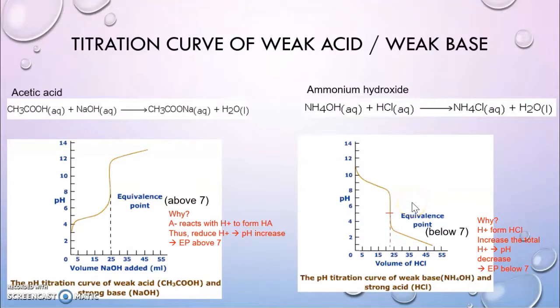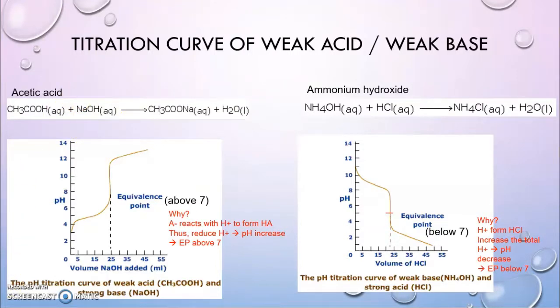Now we look at the second and third type of titration. The diagram and chemical reaction that is shown here on the left side is between a weak acid, which is acetic acid, reacting with a strong base, which is sodium hydroxide.